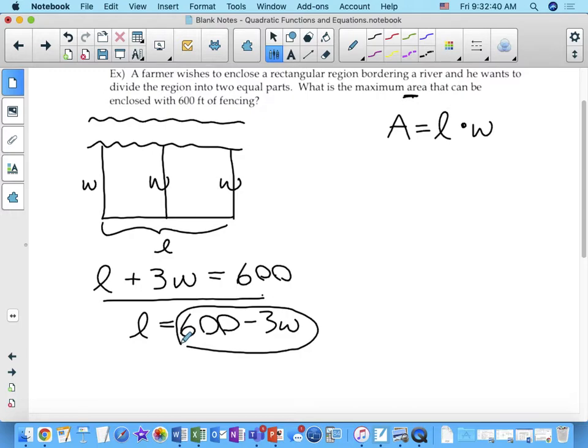Now, we had another relationship between length and width. And what we did with that relationship was that we were able to express length in terms of width. How can we use that to help us with the fact that we have too many variables? What can we do with this? If length equals 600 minus 3 widths, yeah.